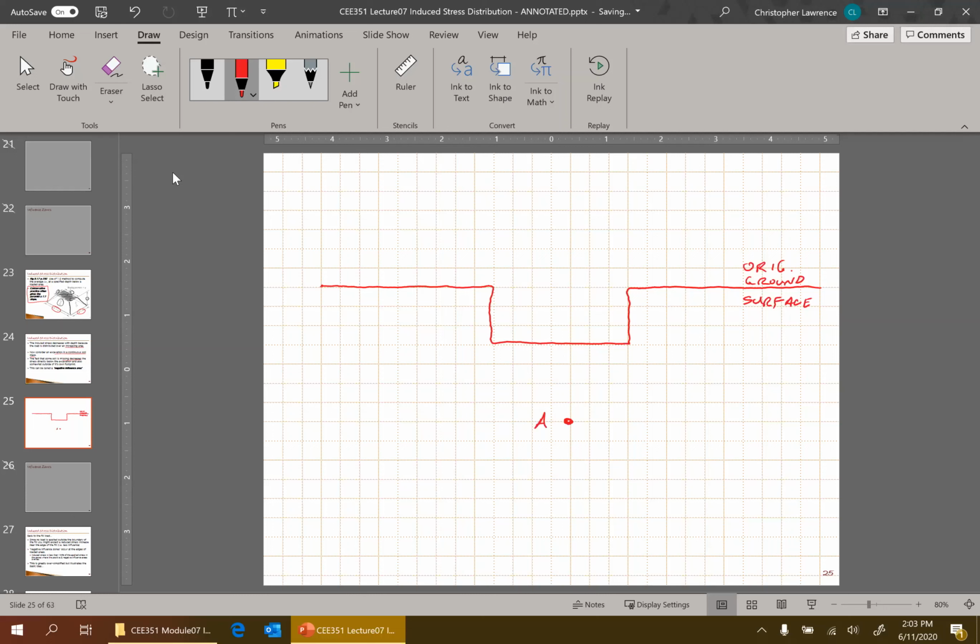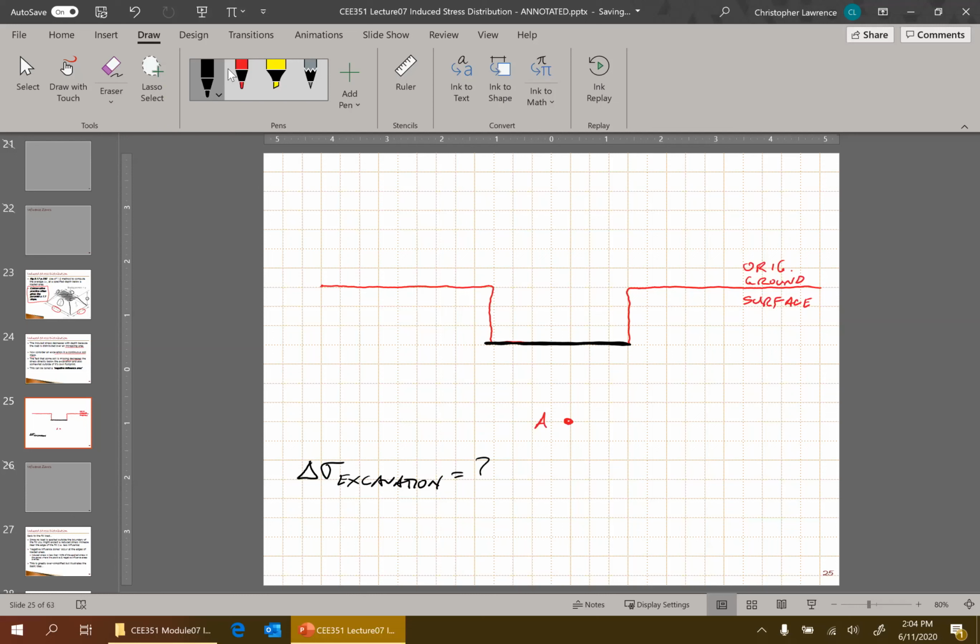But we have to consider that the stress at the bottom of the excavation is now less than it used to be, and that is going to influence point A. So delta sigma from excavation has to be considered.